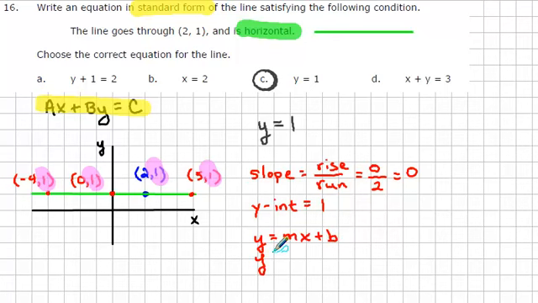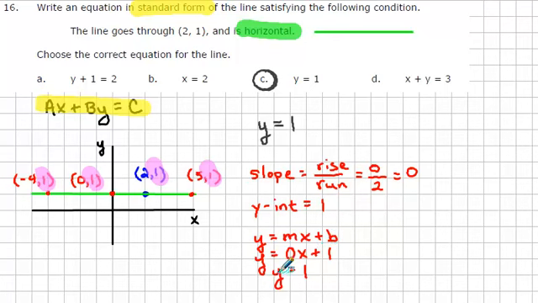And we substitute 0 for m, because m represents the slope. And we substitute 1 for b, because b represents the y-intercept. And when we simplify y = 0x + 1, we simply get y = 1. So again, we get y = 1 is our correct answer.